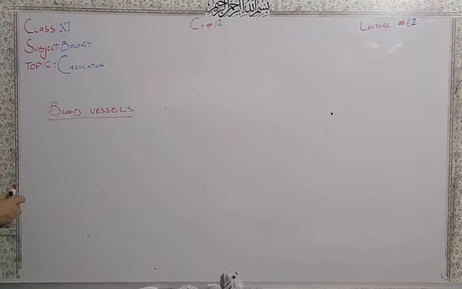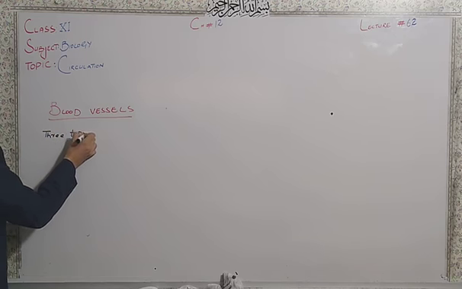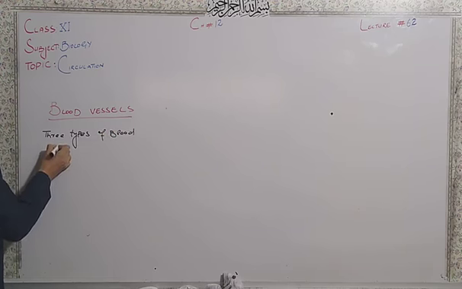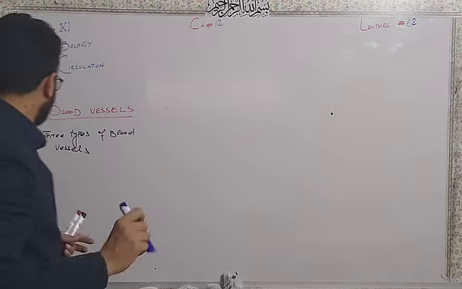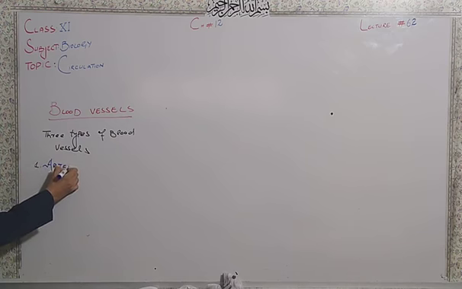There are three types of blood vessels, which are the following: arteries, veins, and capillaries.